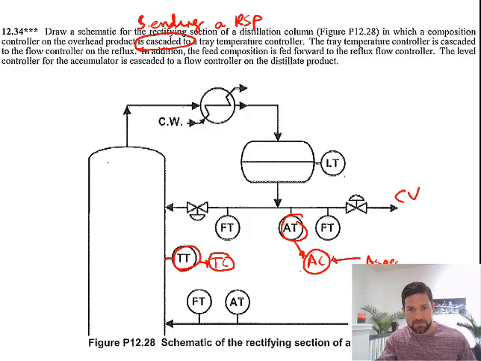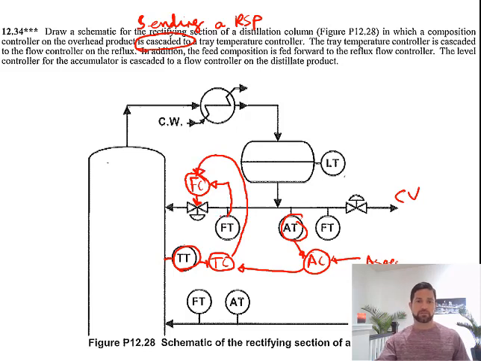The composition controller is cascaded to the tray temperature controller, and the tray temperature controller is cascaded to the flow controller on the reflux. So we have a flow controller on the reflux, and we measure the reflux flow rate. The temperature controller is cascaded to the flow controller on the reflux.